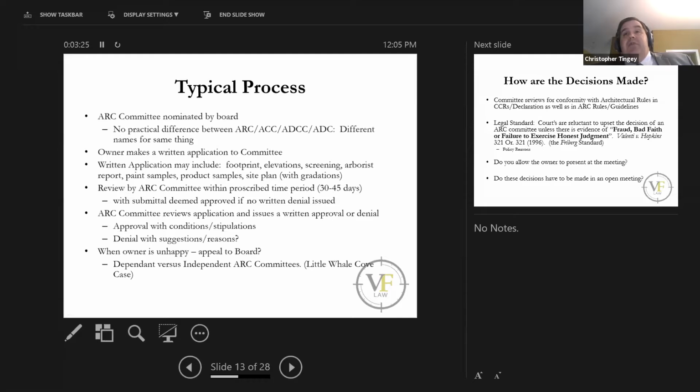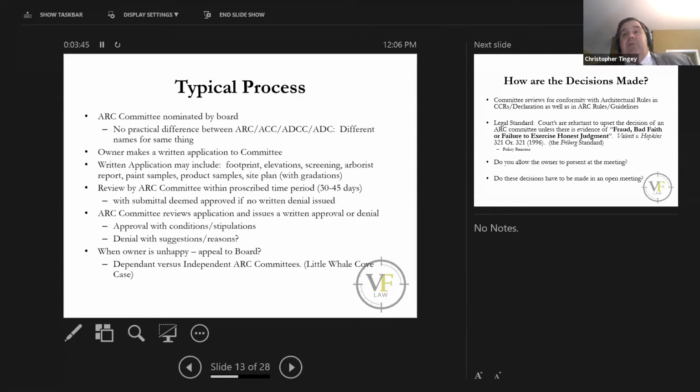That's a pretty rare provision. So most of the time, as long as you don't have a quorum of the board sitting on the ARC, the meetings do not have to be open to either the homeowners or to the person who submitted the application. If you have a single board member on there, the same rule applies.